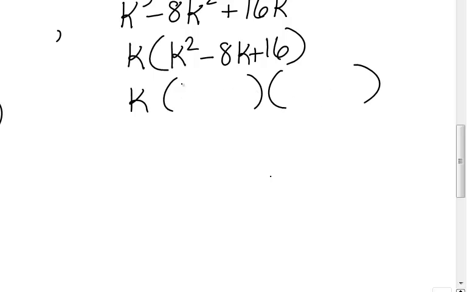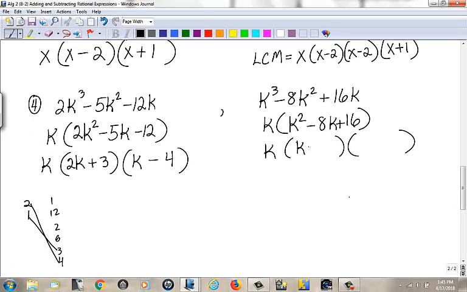This one's not so bad. That is a trinomial square. And what about the signs? Both negative. Now you do the least common multiple. K appears once in the first one, once in the second one, greatest number of times is once. 2k plus 3 appears once.